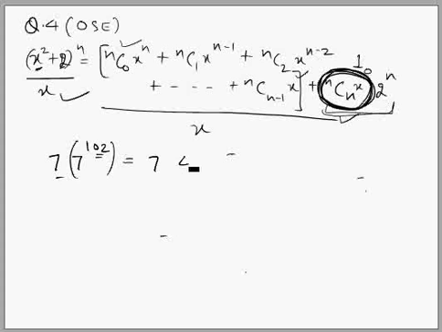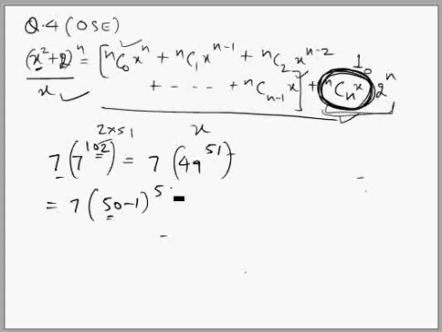It becomes 49 to the power 51. We write 102 as 2 into 51. Now, just as we learned, we express 49 as 50 minus 1, where 50 is a multiple of 25, to the power 51.